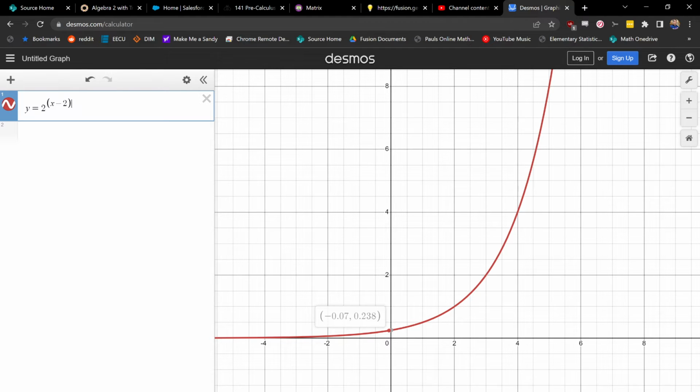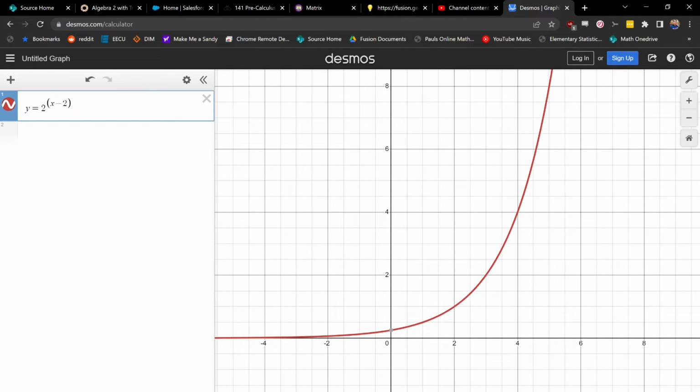So now it crosses the 1 at this point right here at 2, 1, because we shifted it to the right by 2.